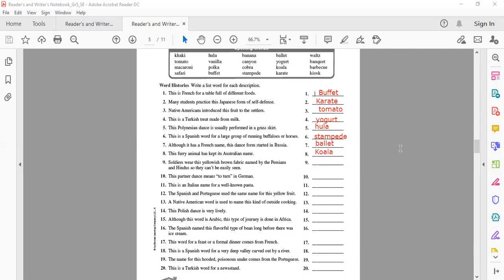Number 9. Soldiers wear this yellowish brown fabric, named by the peasants, because it can't be easily seen. What is the name of this color?